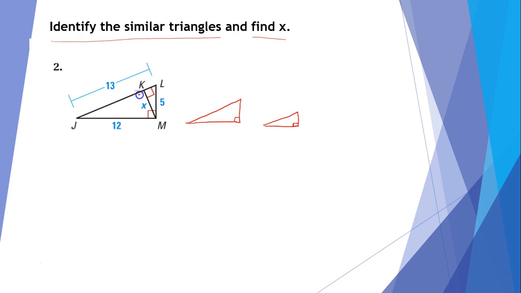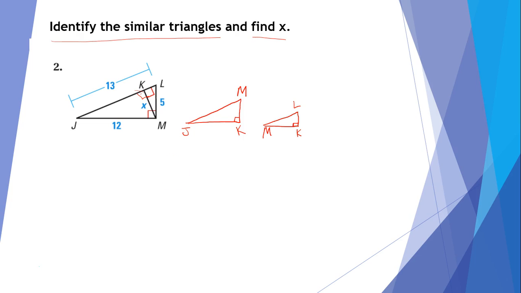So my right angle for both of them are going to be labeled K. And then for this middle-sized triangle, my bigger angle here is where you see M. So M, and the other one is J. And then over here, my bigger angle is L, and then my smaller one is M. So L and M. Okay, now we have them oriented all the same direction.